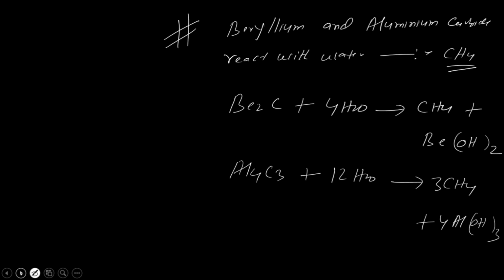Now there is one last method by which we can prepare the alkane. That is the reduction of aldehyde, ketone, carboxylic acid or alcohol by hydrogen iodide and red phosphorus. It will ultimately convert into alkane.